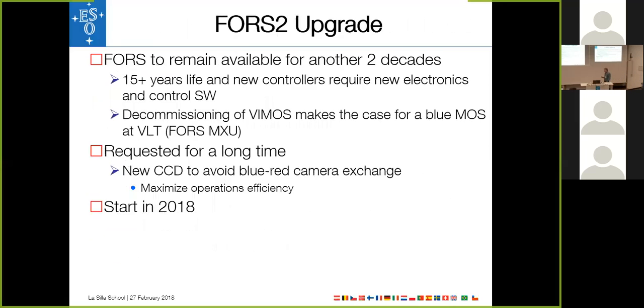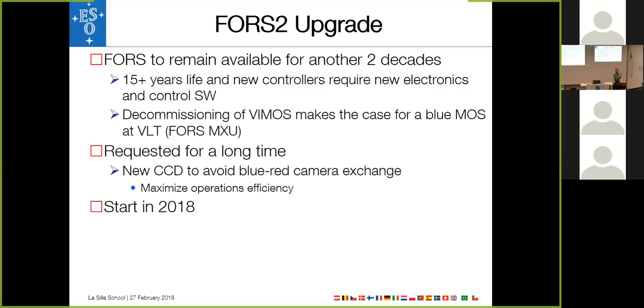Now, the FORS2 upgrade is a slightly different story. We have an instrument, as Henri told you, a workhorse instrument, call it the Swiss Army knife of the VLT. I'm with you. It can do many, many different things, but it's been hanging on that telescope for at least 15 years. And we've done nothing to it, okay? Now, if you have a car that's 15 years old, you will know what that means.